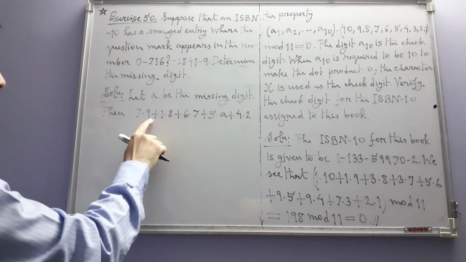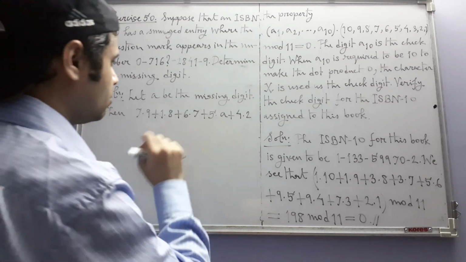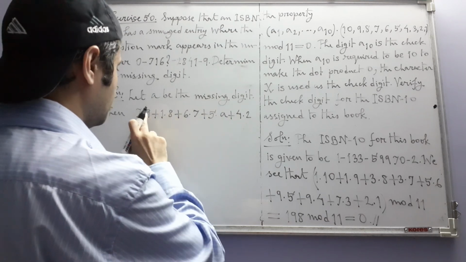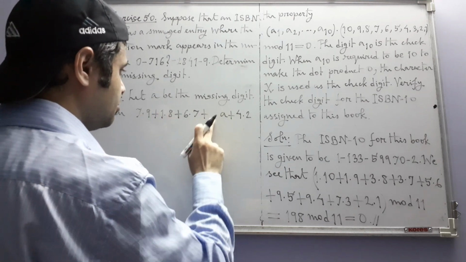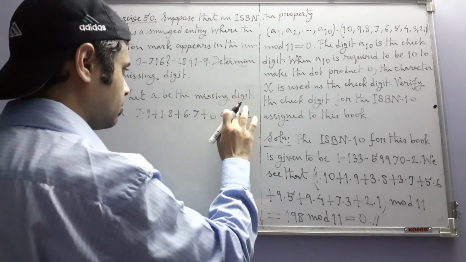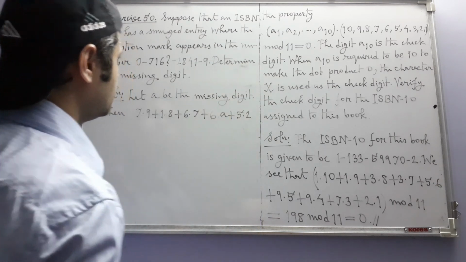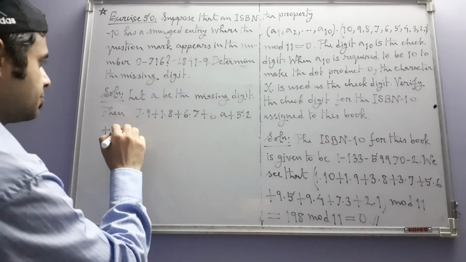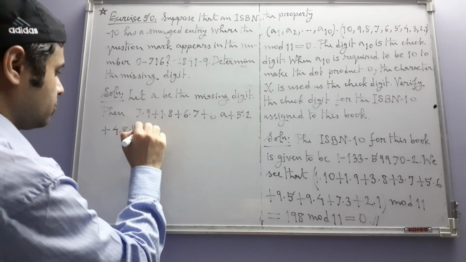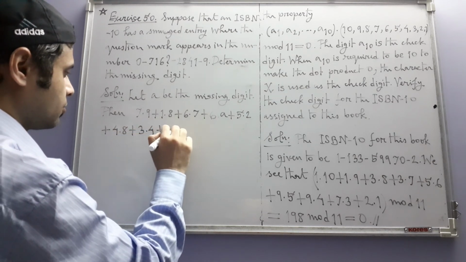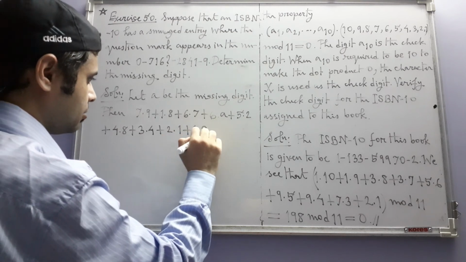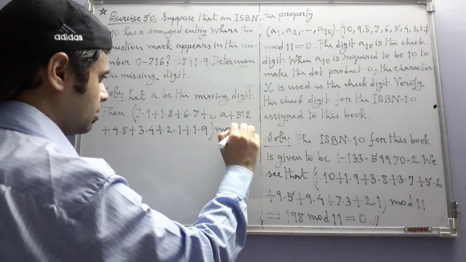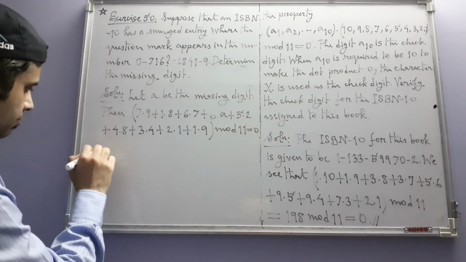Actually I should have written 9, 8, 7. Okay, I made a mistake. 9, 8, 7, so this will be 6A plus 5 times 2 plus 4 times 8, 3 times 4, 2 times 1 plus 1 times 9. Mod 11 should be equal to 0.